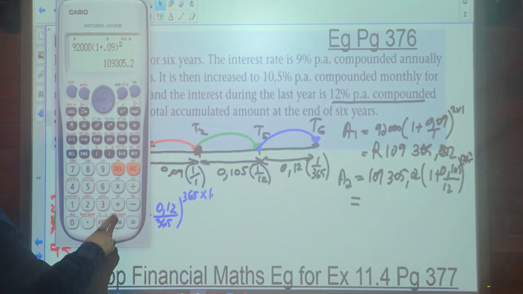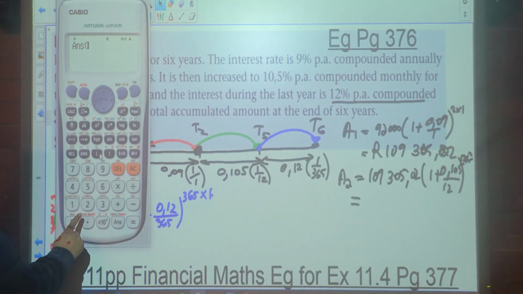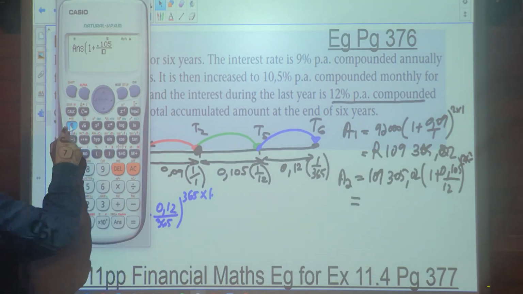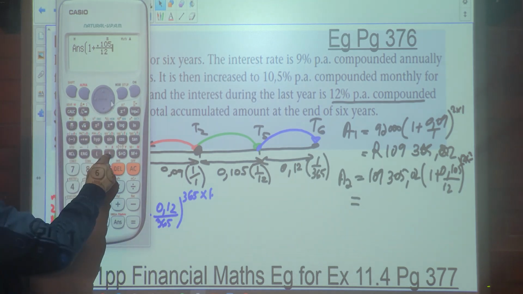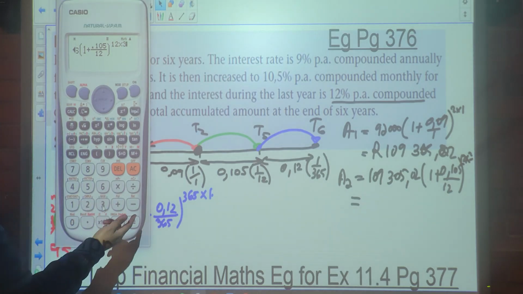That's actually 20 cents. But anyway, answer into 1 plus 0,105 over 12 to the exponent 12 times 3. I could have just written 36.